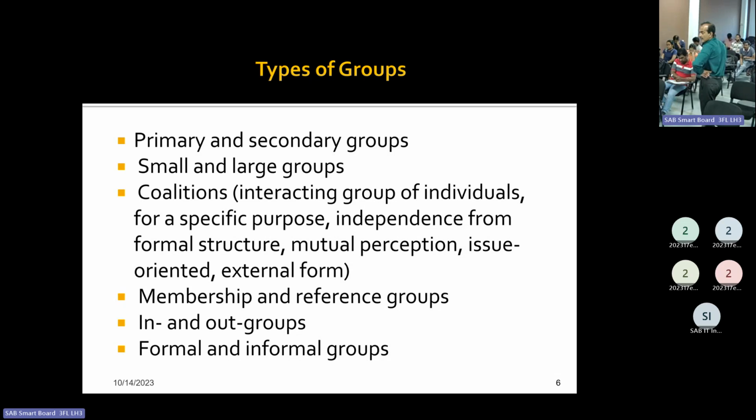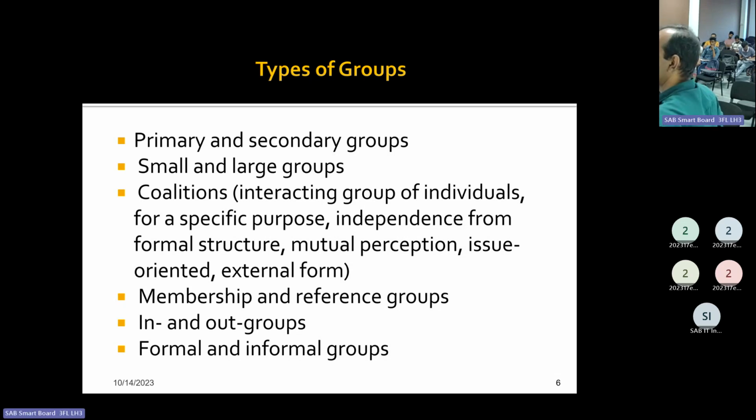Examples of different coalitions are the board of directors, middle managers, line managers, functional managers, quality control circles, ERP teams and project teams. They are interacting groups of individuals, formed to achieve special purposes.